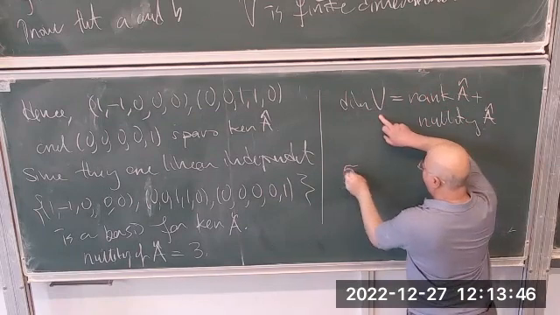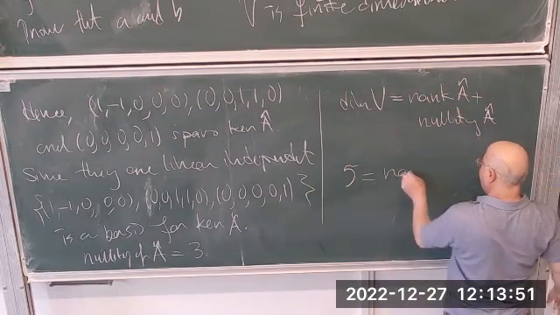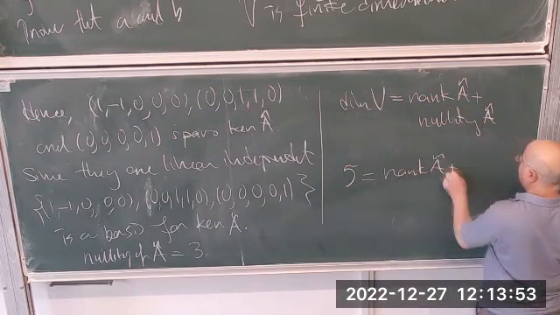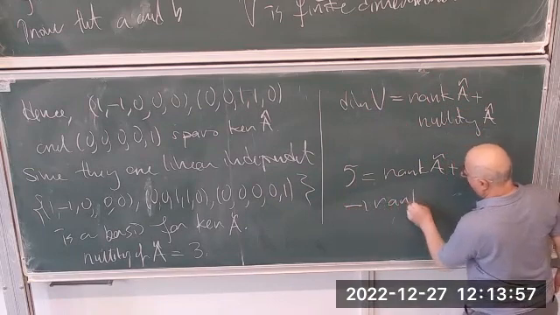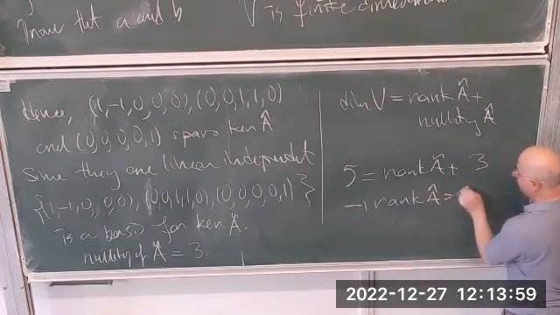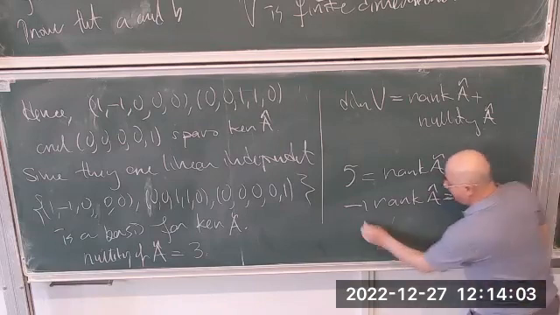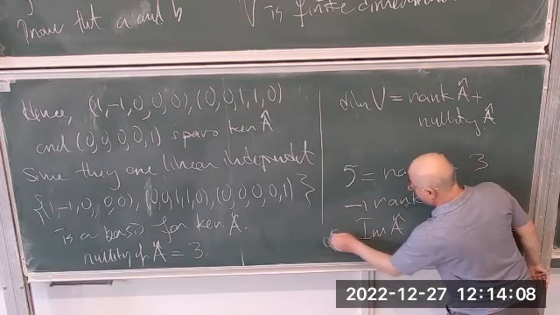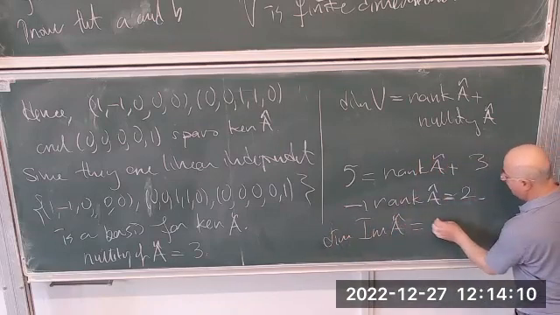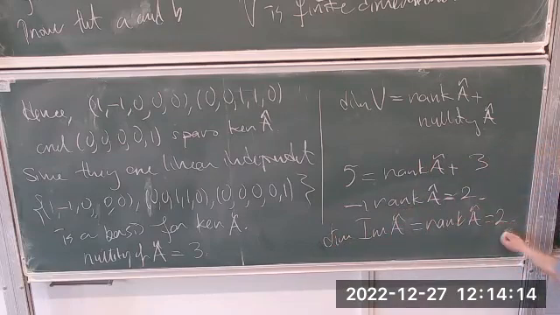Well, this is 5, right? 5 dimensional. I have rank of A hat plus 3. So from this, we see that the rank of A hat is just 2. So we know that the image of A hat has dimension, which is the rank of A, and that is 2. Okay.